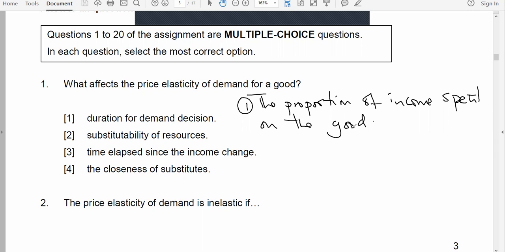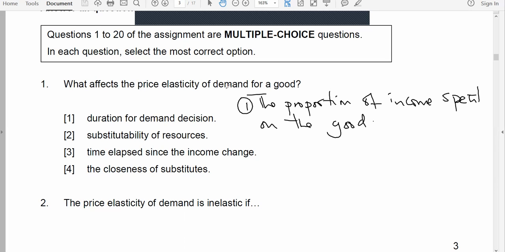Those who smoke only spend a smaller proportion of their income on cigarettes. So if the price of cigarettes changes, it doesn't really affect demand much. Consumers don't respond that much. If the price of cigarettes goes up, consumers are not going to lower their consumption.